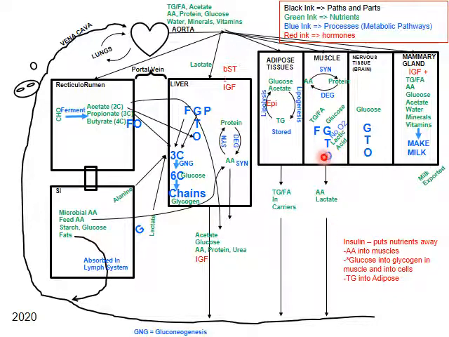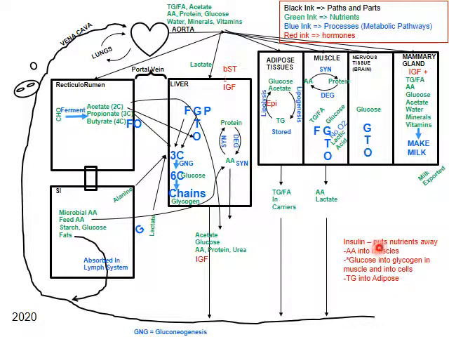The muscle is much more responsive to insulin than the liver is. So glucose is going to become glycogen in the muscle, and it's also going to move the glucose into other cells.